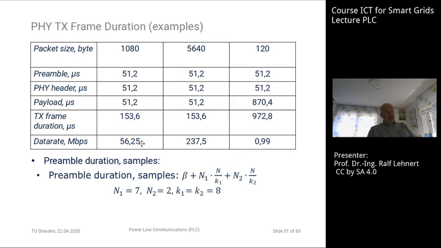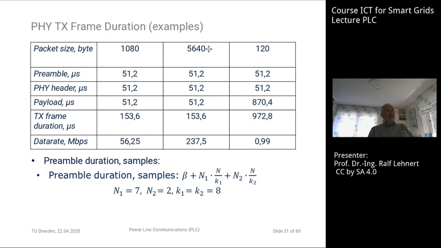And important to see in this, or more data on the 3 examples before, is what kind of data rate is possible with the different variants. In this case, in the case of a good channel, we can have 56 megabits per second.